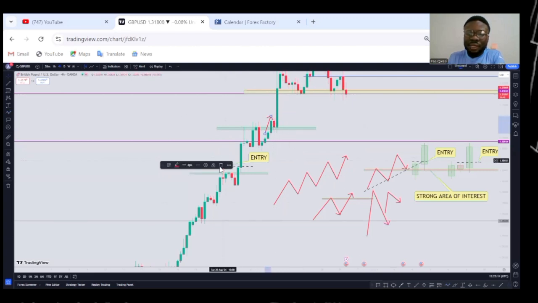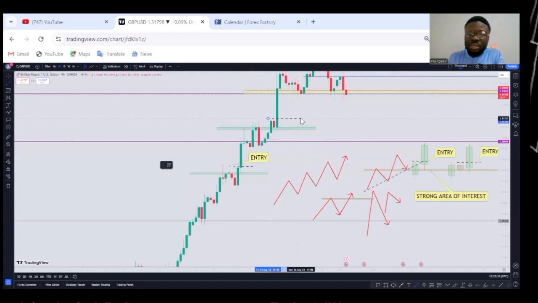The next flip of the candle, this is where you are going to take your entry after identifying your area of interest. Area of interest, I said, is the support and resistance area on the higher time frame. Identify your tradable zones. After identifying your tradable zones, this is the next level you are going to target.